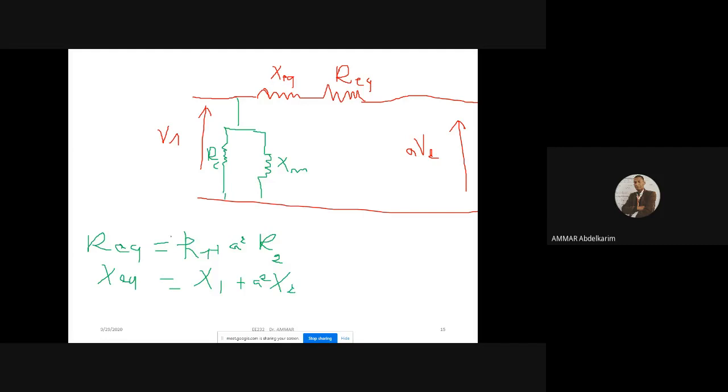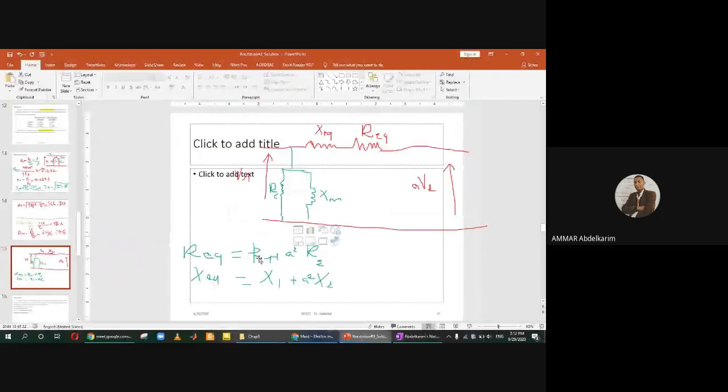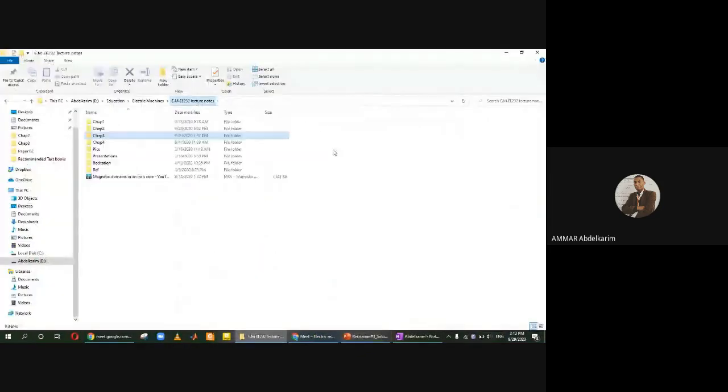Now I will show you that approximation, how they calculate R1 and R2.